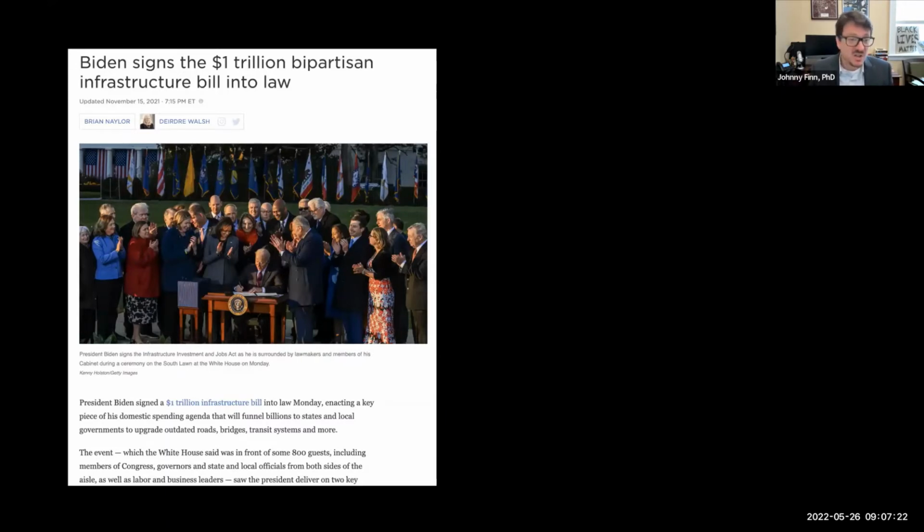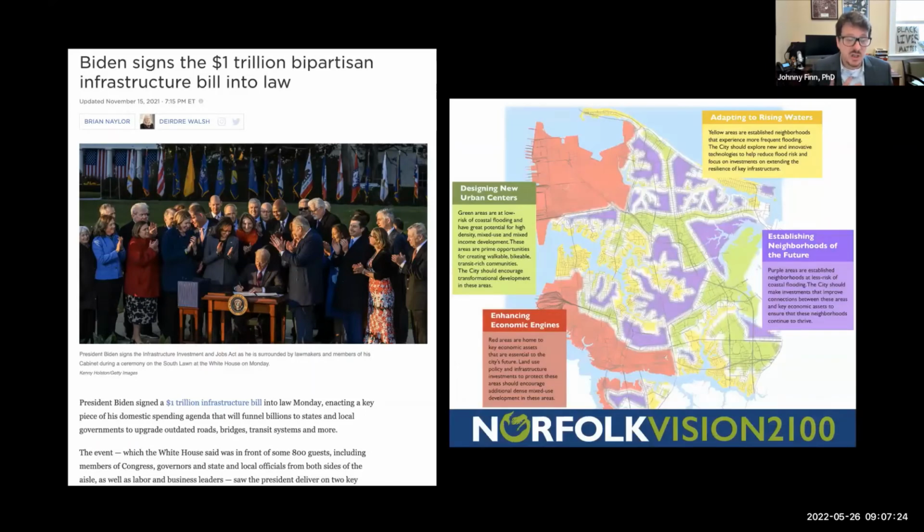And in the context that I live in Southeastern Virginia, the broader context of climate change and sea level rise is very, very real, as we're already facing significant impacts from sea level rise. And so a lot of the infrastructure spending that's happening in the city of Norfolk is being spent to make the city more resilient to sea level rise related flooding.